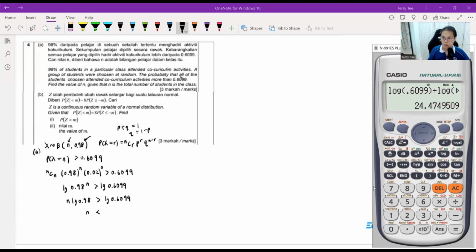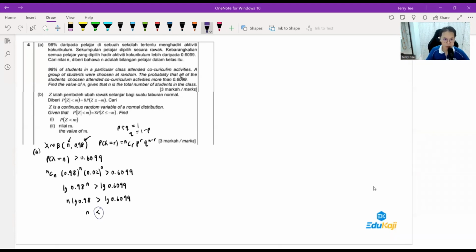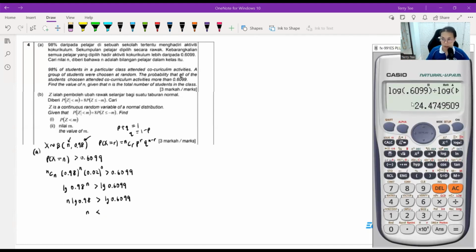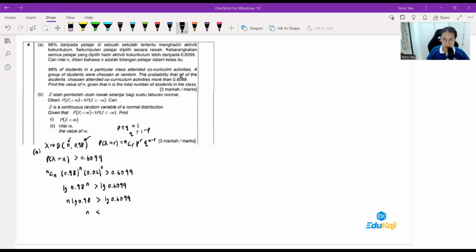Now remember, when you divide by a negative number or multiply by a negative number, your inequality symbol has to change. You can see from here, I changed my inequality symbol, right? Now, sometimes you can't see it because you need to type it out. Like for example, when I divide like this, you can't see whether this number is positive or negative because I divide directly.